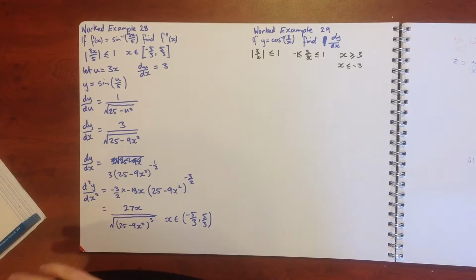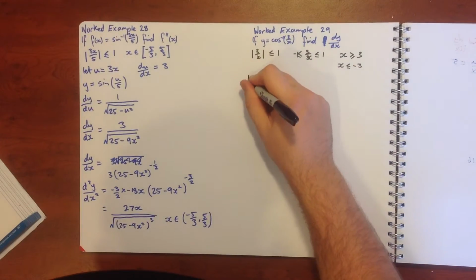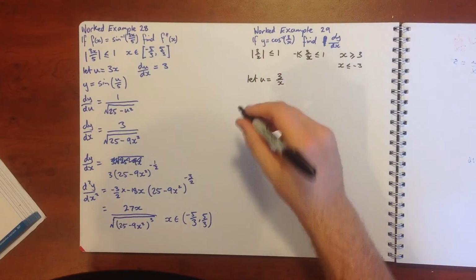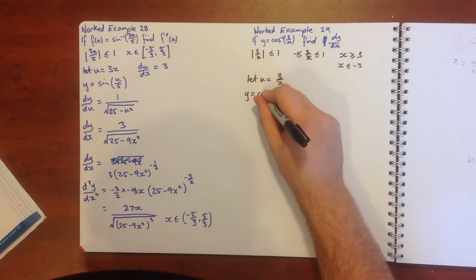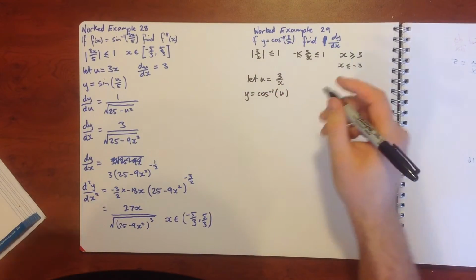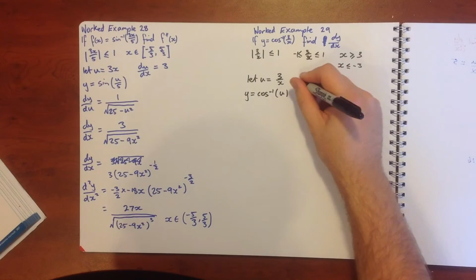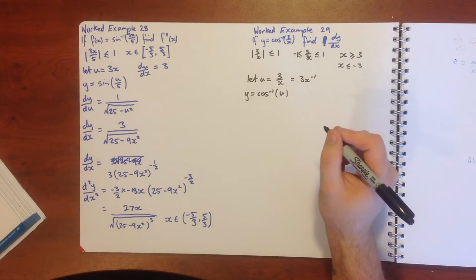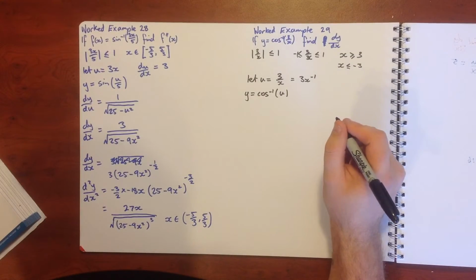Okay. So what we're going to do now is say, well, let u equal 3 on x. Now we've got y equals inverse cos of u. Okay, and we can say our u is equal to 3 x to the negative 1. And we keep moving on.